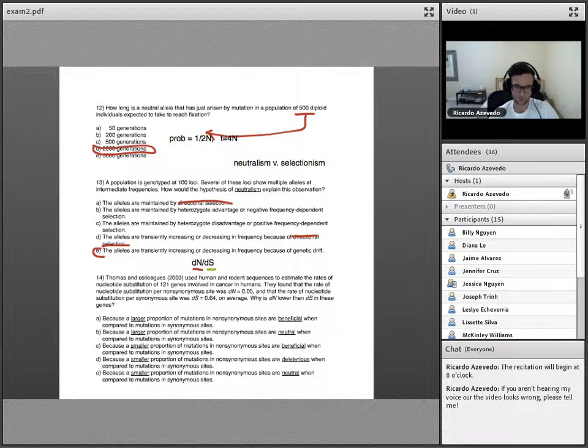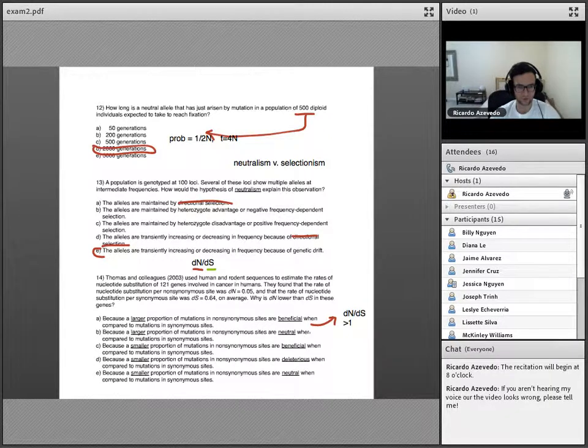That would result in a dN/dS that is bigger than 1. In this case, it's lower than 1, so that can't be the case. That would be the case if dN/dS is bigger than 1.